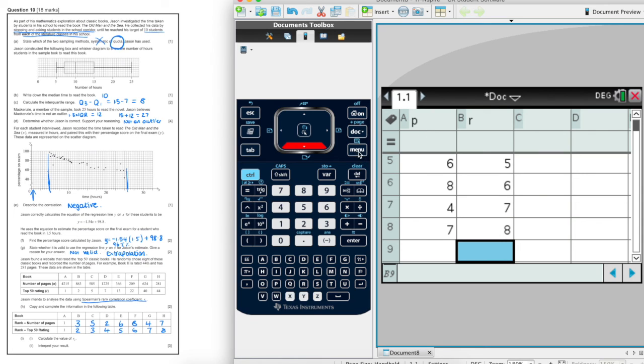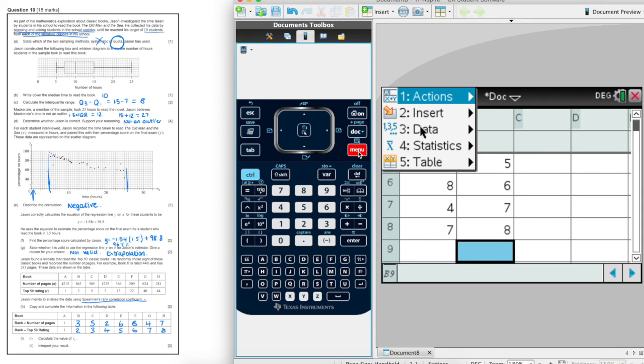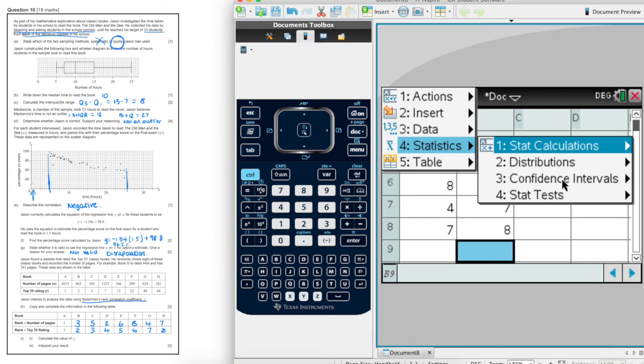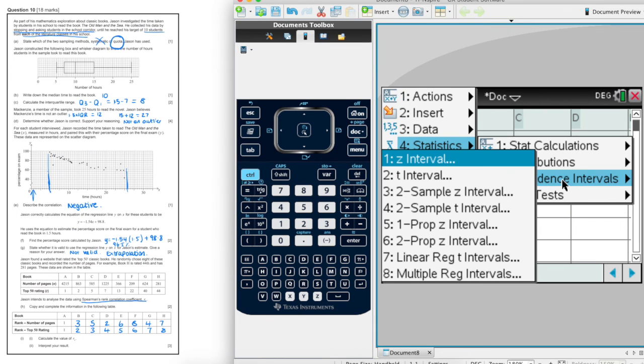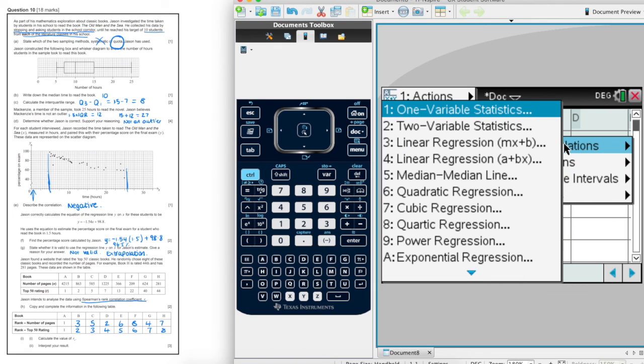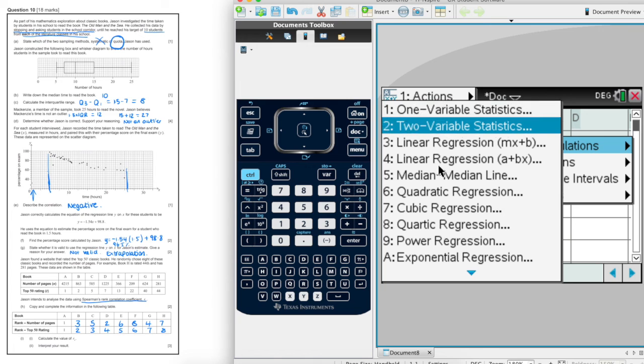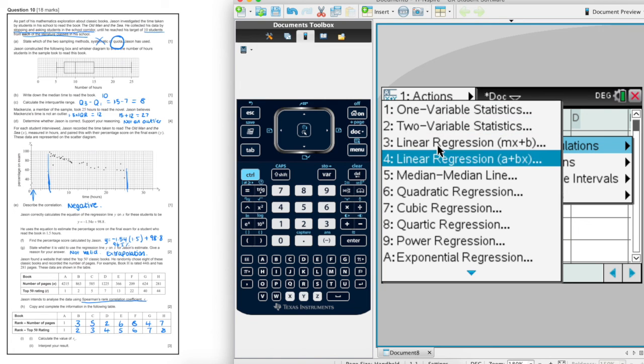So to do Spearman's rank on the GDC, I now do statistics. It's the same as doing PMCC, it's just that you type the rank into the information. So it's statistics, calculations, and then it's the linear regression, mx plus b.